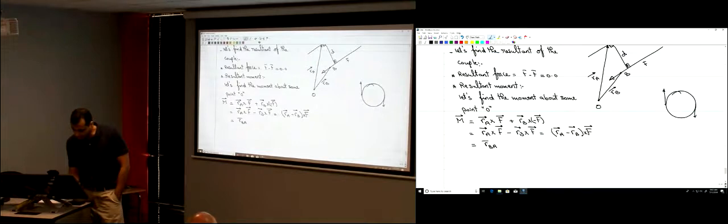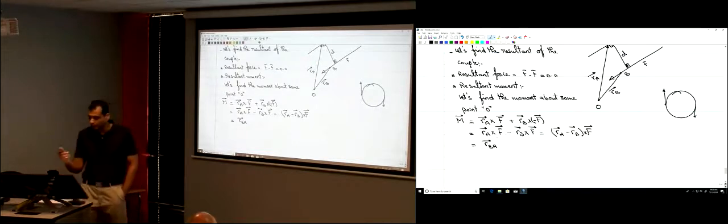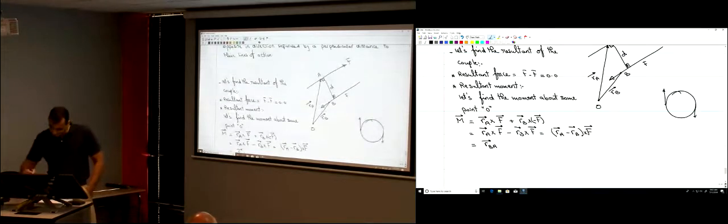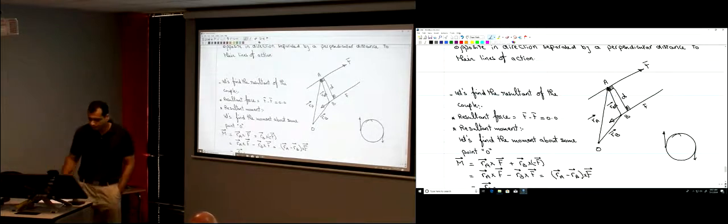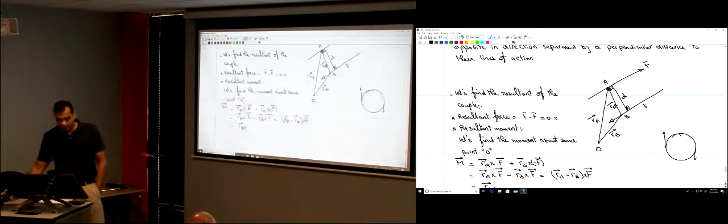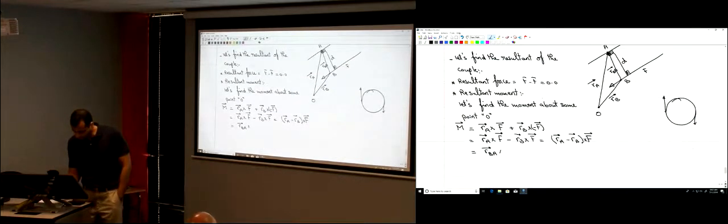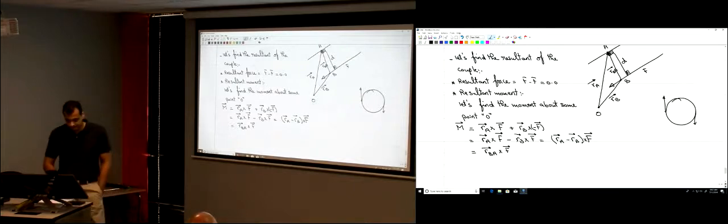It's the position vector from point B to point A. It's this vector, RBA. Okay? Times F. Or cross product the vector F.